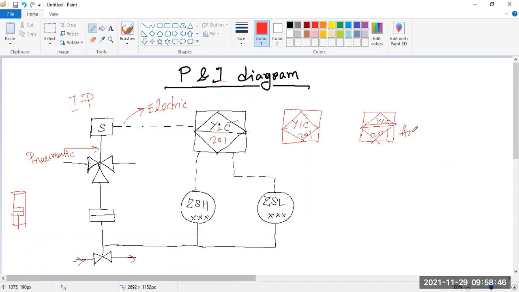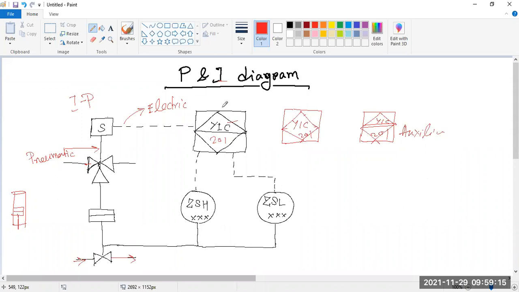This is the auxiliary position. Okay, look, remember this position. This is totally hidden in your control panel, or this is not accessible to the operator. But this symbol is accessible.